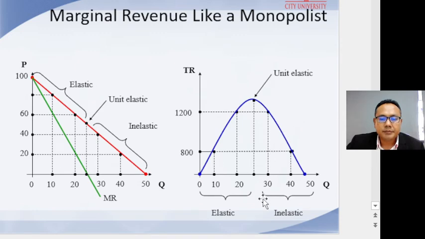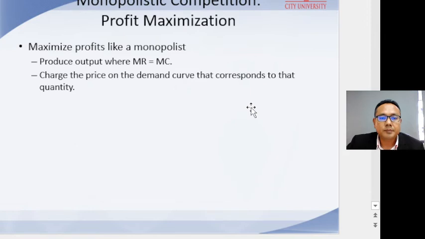so when we can see from here, we try to achieve a bigger revenue, maybe 1200 here. You can see this is the biggest profit that we can produce for a monopolistic competition company.